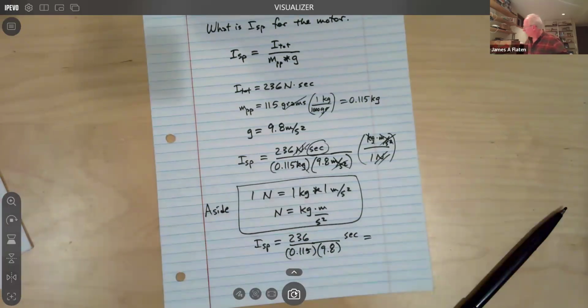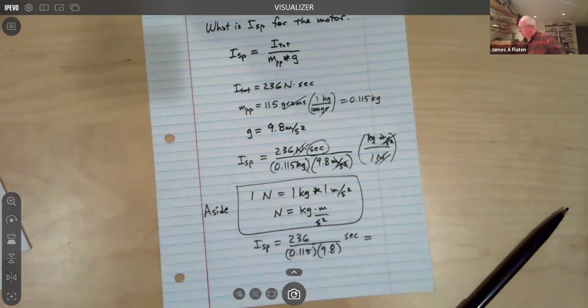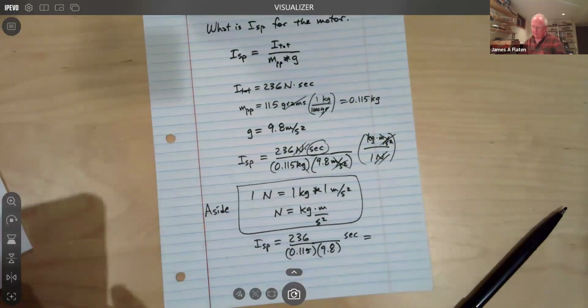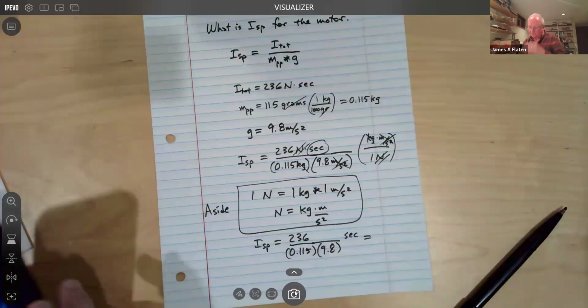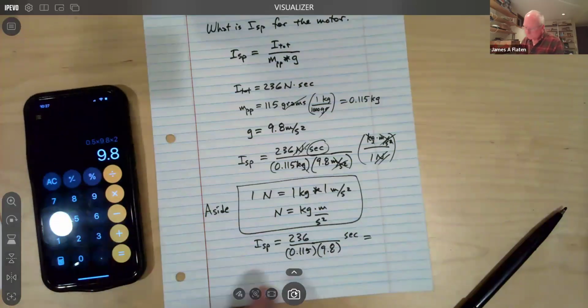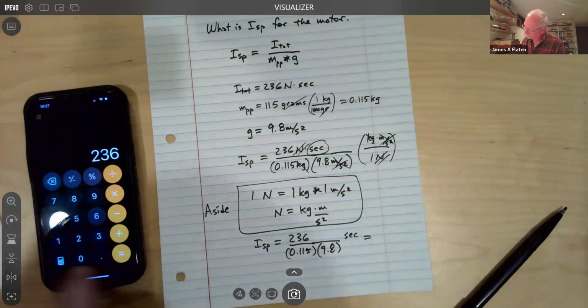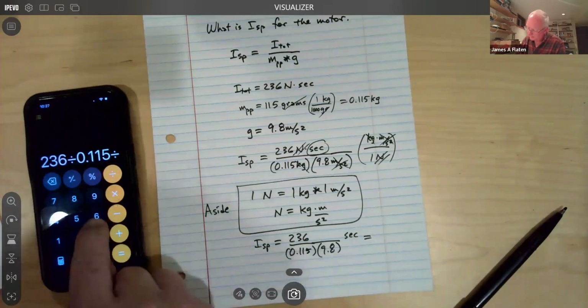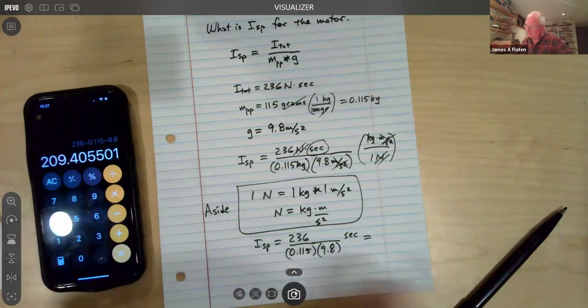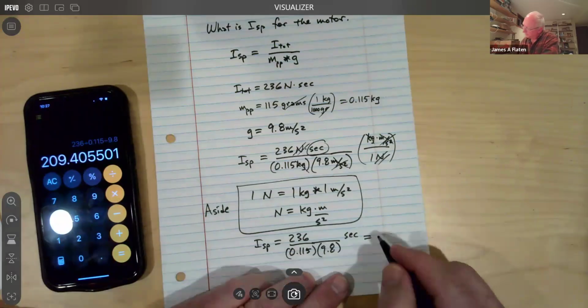So, I pull out my rusty dusty calculator here. I have 236 divided by 0.115, and then also divided by 9.8. And I get 209.